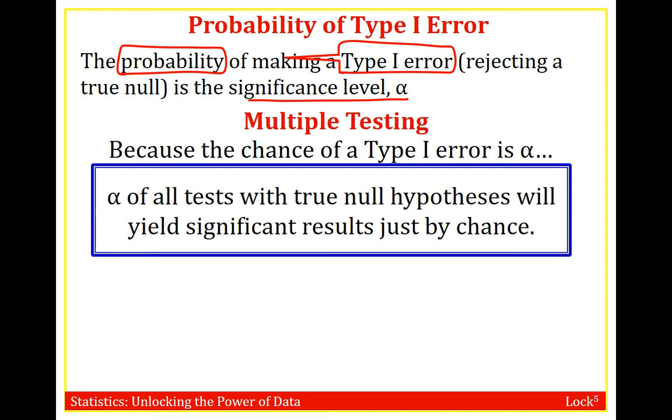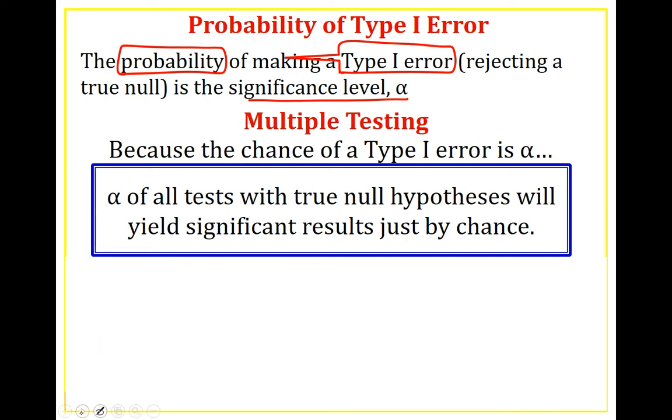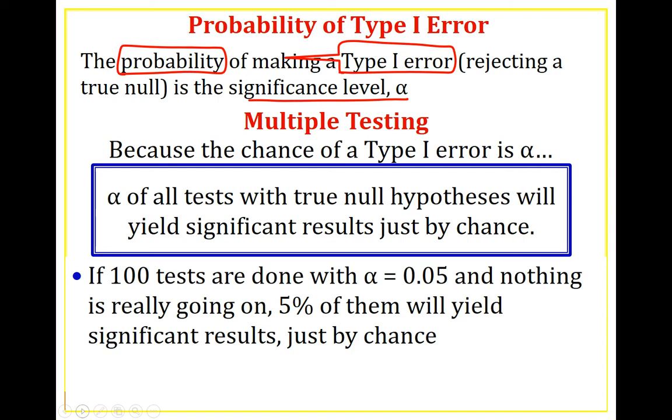Because the chance of a type 1 error is alpha, alpha of all tests with true null hypotheses will yield significant results just by chance. Meaning, whatever the alpha level is, that's going to be your probability of making an error. It says if 100 tests are done with an alpha level of 5% and nothing is really going on, 5% of them will yield significant results just by chance.